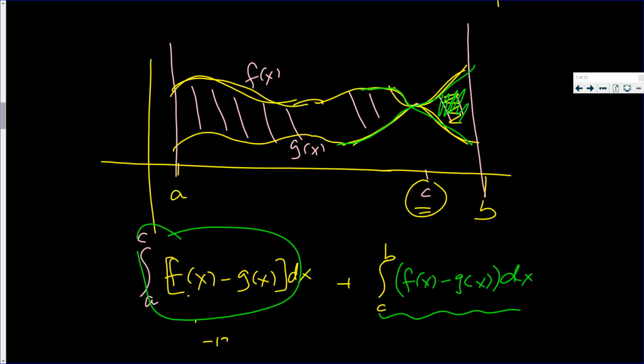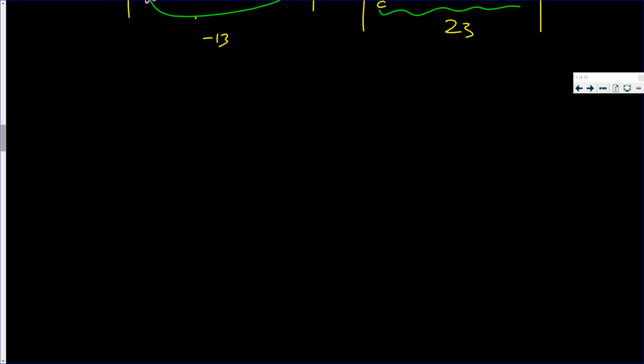If you get negative 13, then put the absolute values. And here, if you get 23, you don't have to put the absolute value. But it wouldn't matter if you do. Okay, there goes my lecture. It was a good one, I think. It gets you out of having to graph these functions, which is painful.